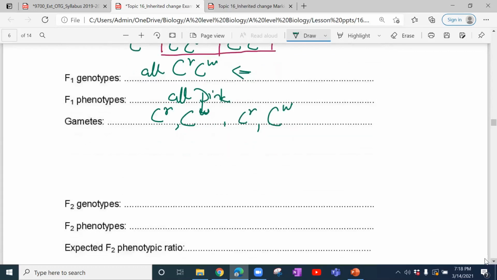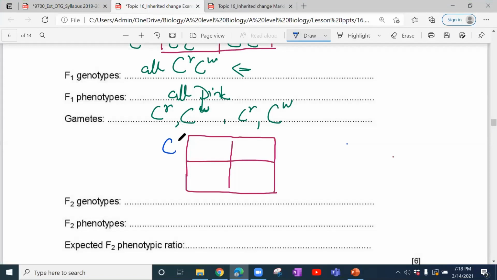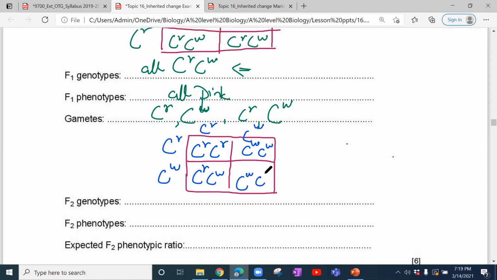ठीक है, now we are crossing these two, अब इनका क्रॉस करवा रहे हैं. So you have CR, CW, CR, CW, and if we do the crossing now, so we have CR, CR, CR, CW, we have CW, CW, and we have CW, CW.